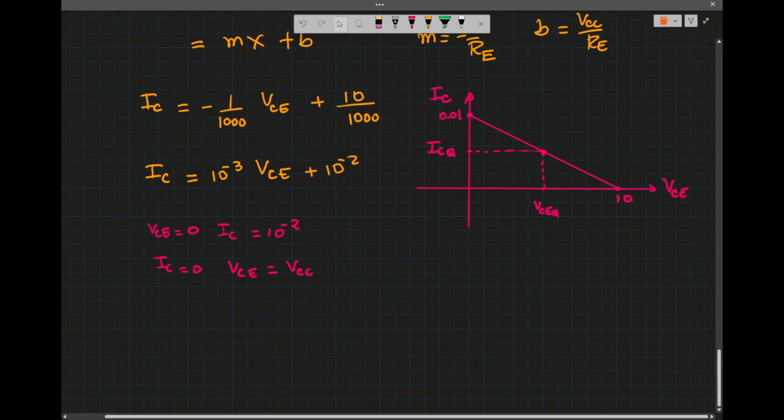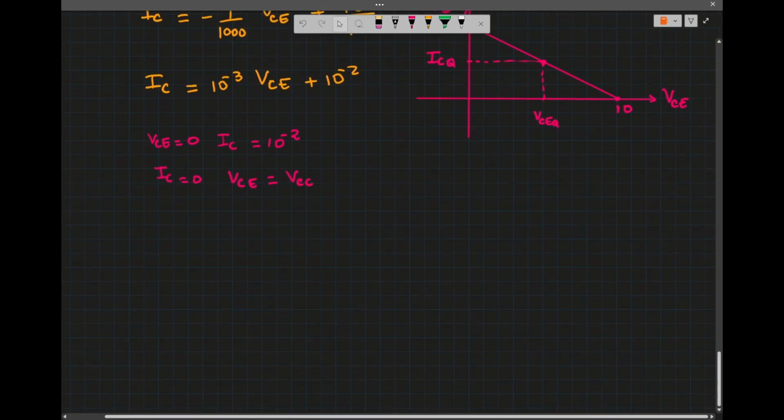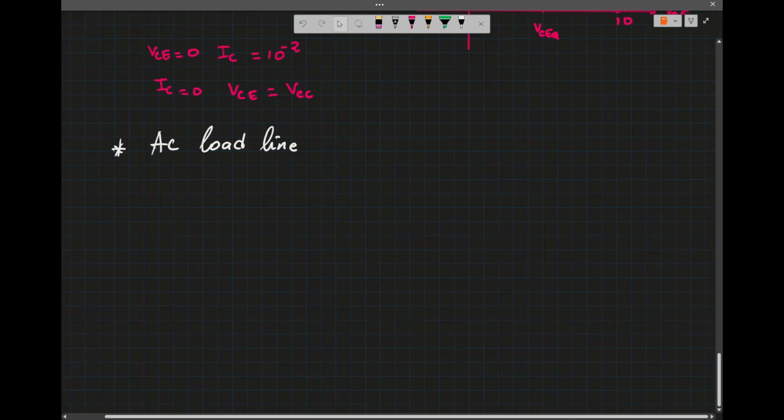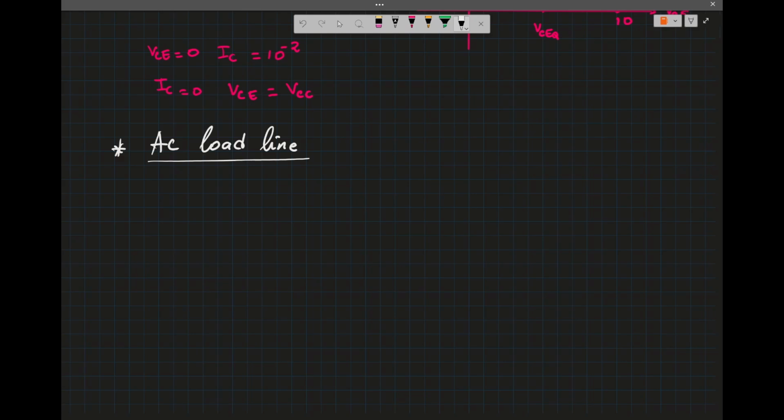Okay, now let's sketch the AC load line. So for the AC load line, the DC voltage sources will be grounded because we're doing AC analysis.